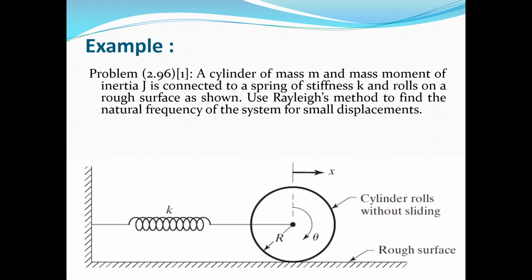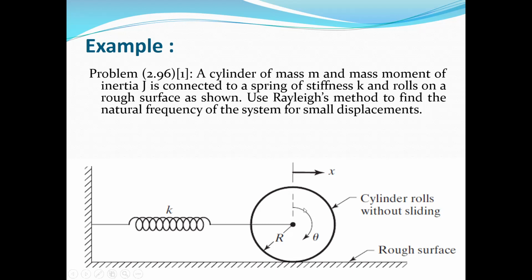So anytime the rigid body does not have any rotational motion or angular velocity, the kinetic energy includes only the translational part, which is half times the mass times the velocity of the mass center squared.